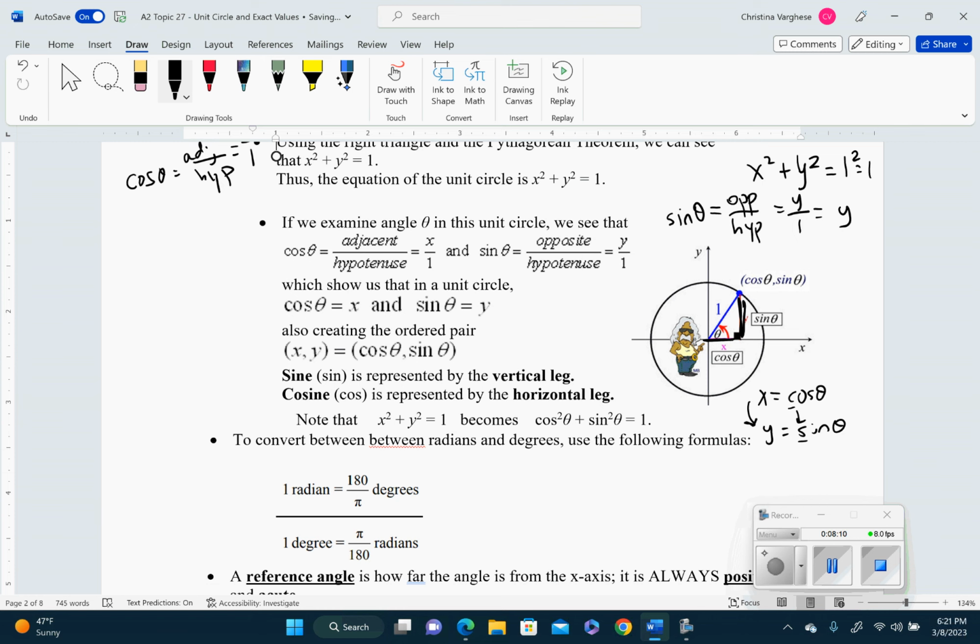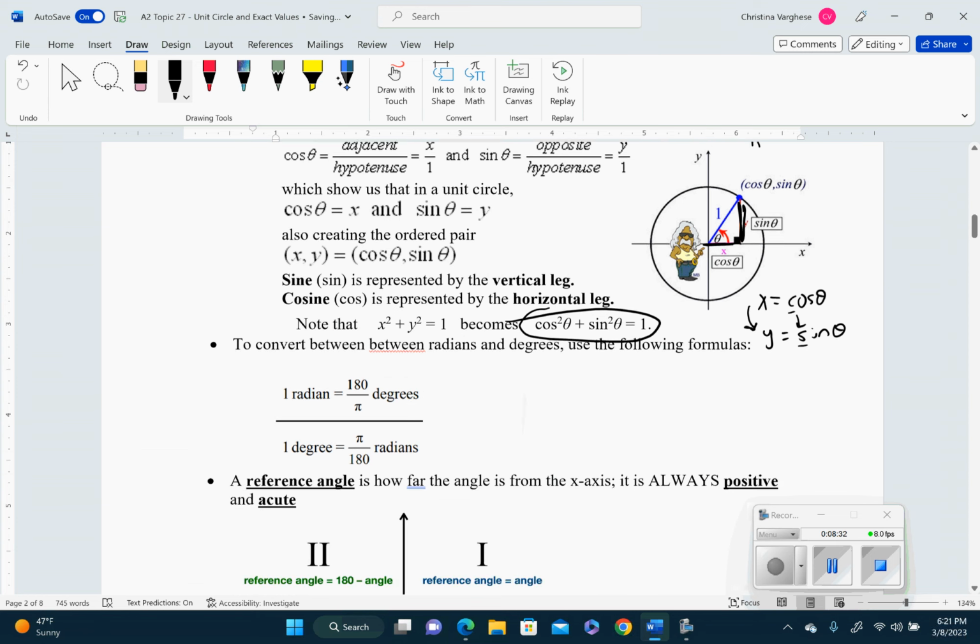So it's alphabetical. Therefore, we come up with this: cosine squared theta plus sine squared theta equals 1, because remember the Pythagorean theorem, a squared plus b squared equals c squared, and 1 squared is 1.